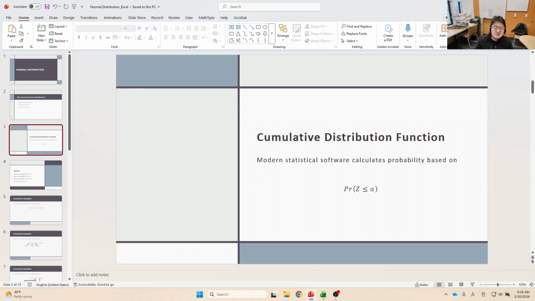Okay. Also, we are going to focus on the cumulative distribution function here because this is a standard in statistics, and any statistical software will calculate the probability based on the CDF, right? So there are many user-friendly calculators. That is true, but underlying them are cumulative distribution function.